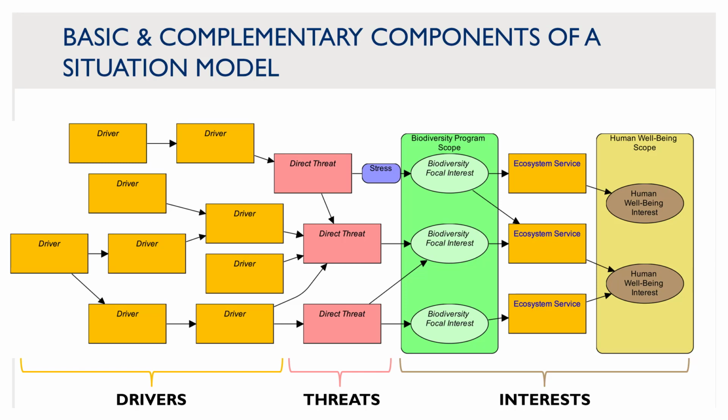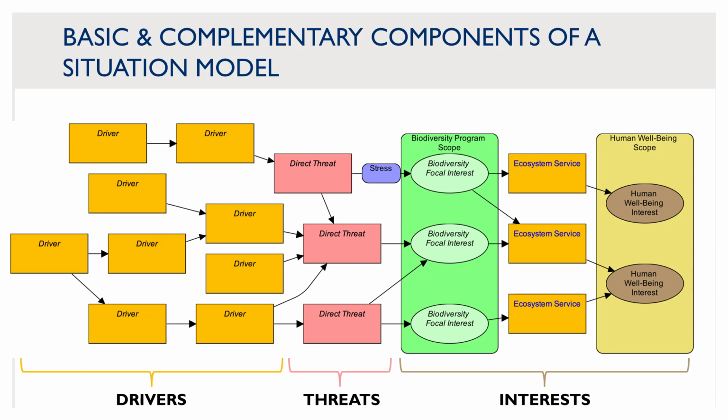So, we will focus on those components, but recognize the broader context of biodiversity conservation's role in influencing ecosystem services and human well-being. Nevertheless, in integrated biodiversity programming, where there are other focal interests, it becomes more important to include ecosystem services and human well-being interests in your situation model, as they may be more explicitly part of the focal interests of the integrated program.